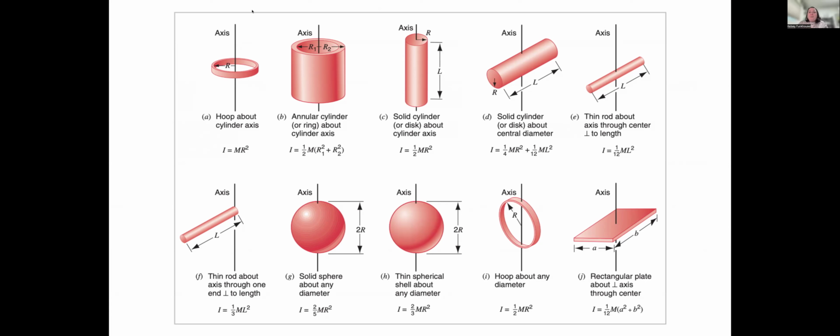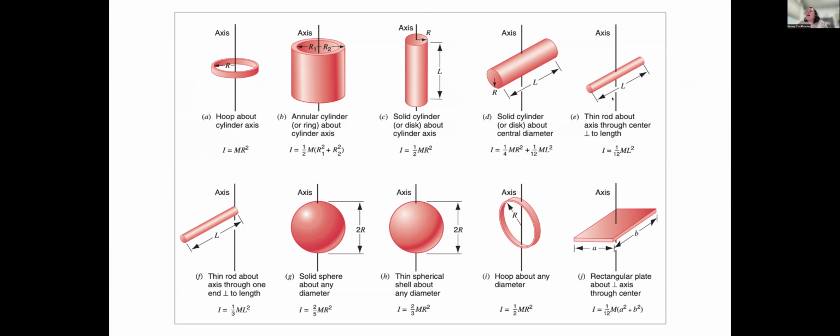So we have a hoop rotating about its center, and its rotational inertia is mr squared. We'll skip this one. And then we have a solid cylinder rotating about the center, and that is 1/2 mr squared. So the length of it doesn't matter. We'll skip that one.